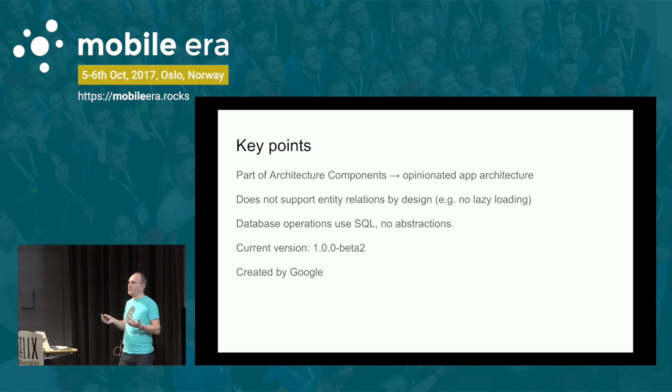There are some issues when, for example, you have something like lazy loading and then you're on the UI thread fetching something, you're basically doing I/O work on the main thread, and that gives a lot of problems. So Room decided not to do that. I think that's a good decision. Like I mentioned, they use SQL for all the database interaction.